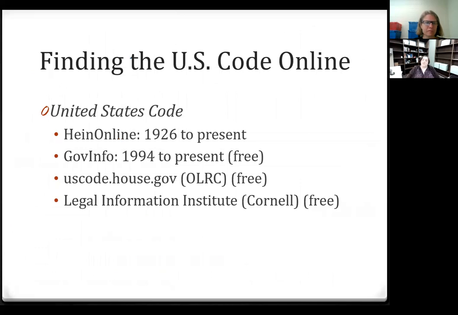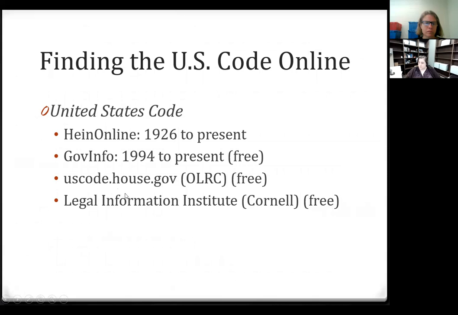All right, enough yammering. Where can I find this online? In HeinOnline, you can find it from the very dawn of time to the present, as with most things in HeinOnline. Govinfo.gov follows our general rule of the internet and has from 1994 to the present. And we have two versions that show you the current version.